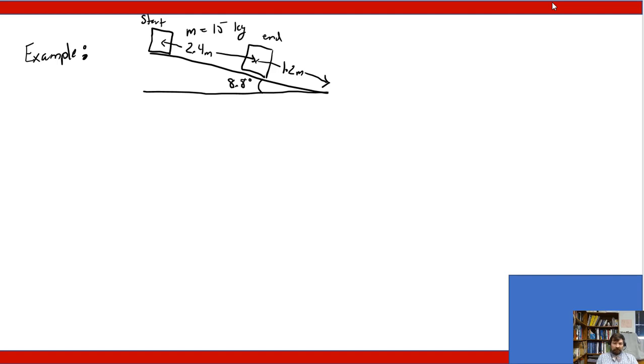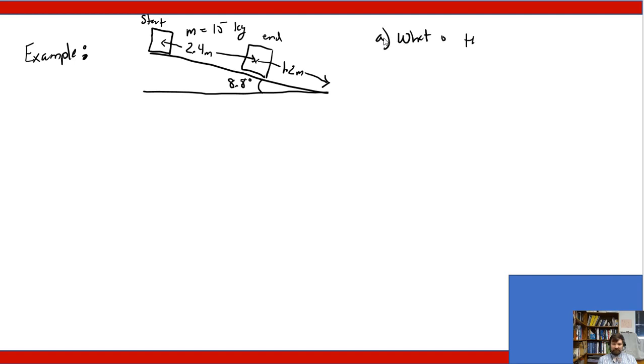Maybe one example. All right, so I've got this little diagram of a box going along a ramp. It doesn't matter if it's frictionless or not, but let's let it be frictionless. And I have a start position and an end position, and there's really two things that we could ask here.